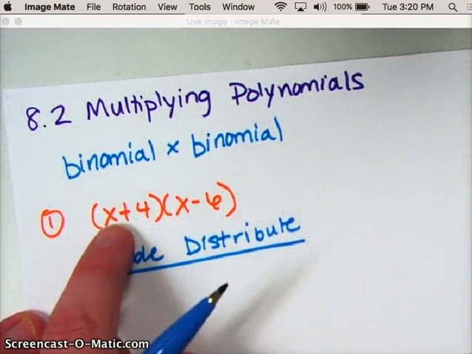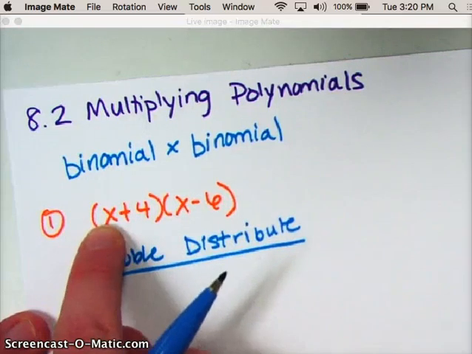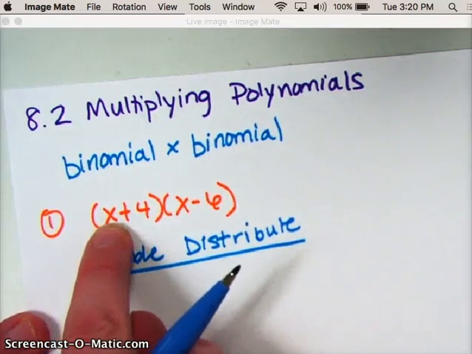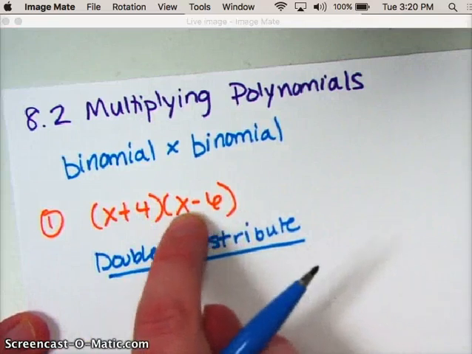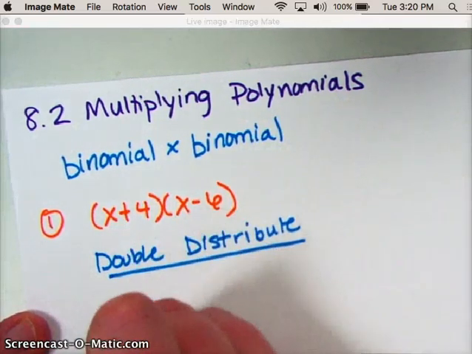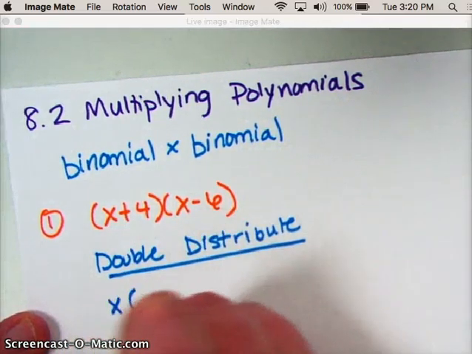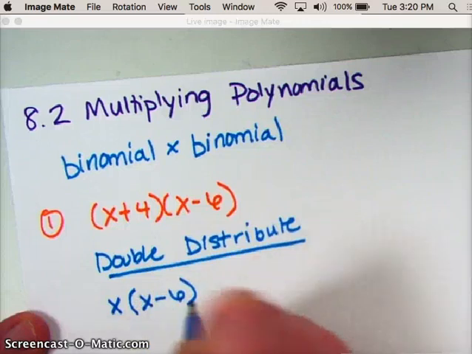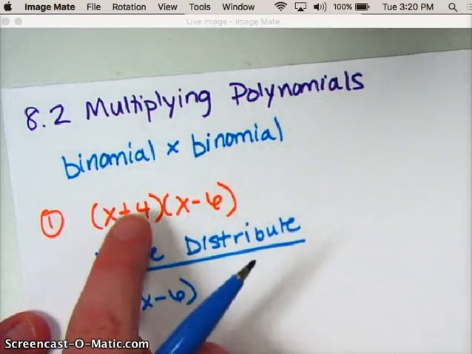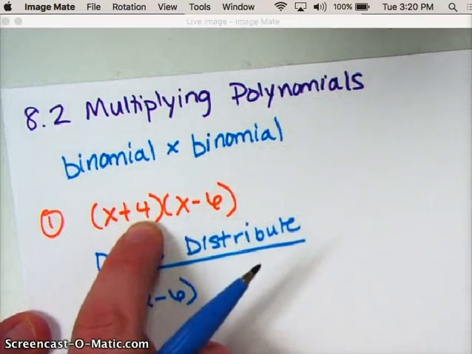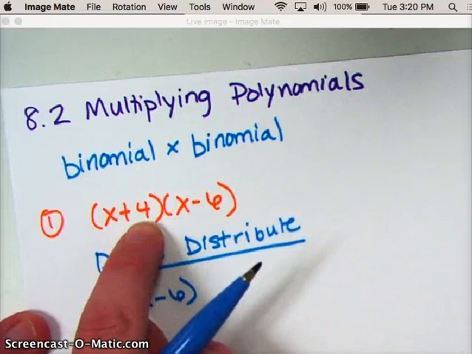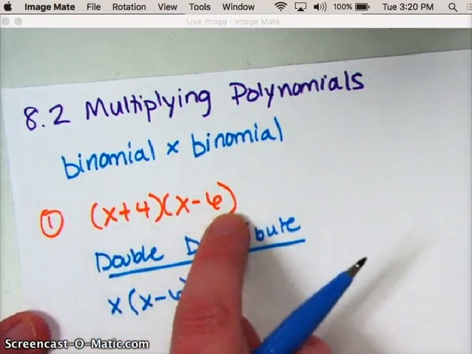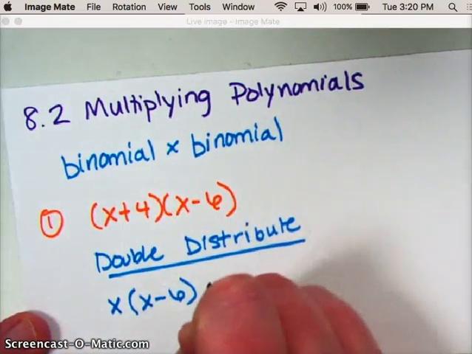What double distribute means is we're going to take the first term of the first binomial, x, and multiply it by the second binomial. So x times the quantity x minus 6. And then we're going to take the second term of the first binomial, plus 4, and multiply it by the second binomial, x minus 6.